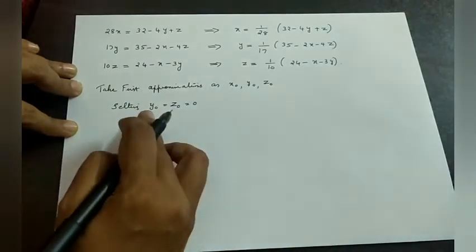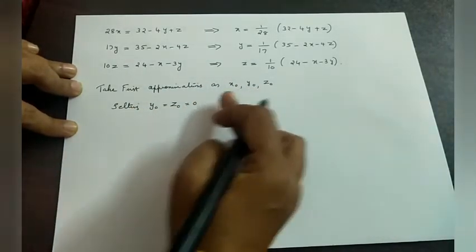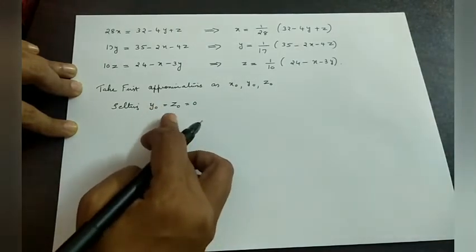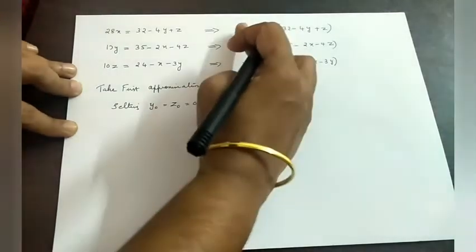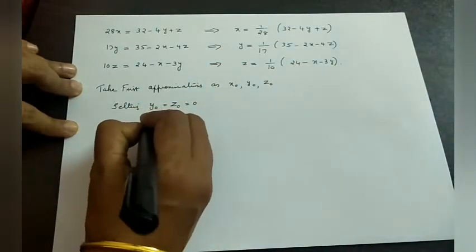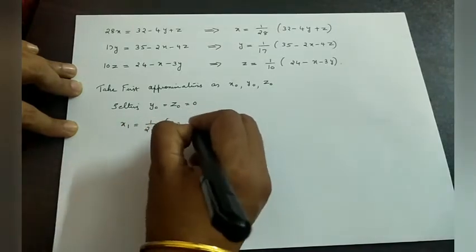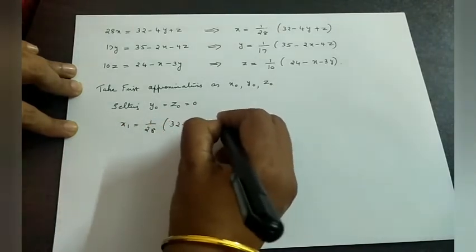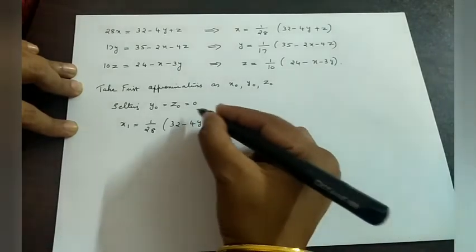We start with the approximations x naught, y naught, z naught, where we substitute y naught and z naught equal to 0. So substituting in this equation, we will get x1 as 1 by 28 into 32 minus 4y naught plus z naught. And here we will approximate y naught and z naught as equal to 0.